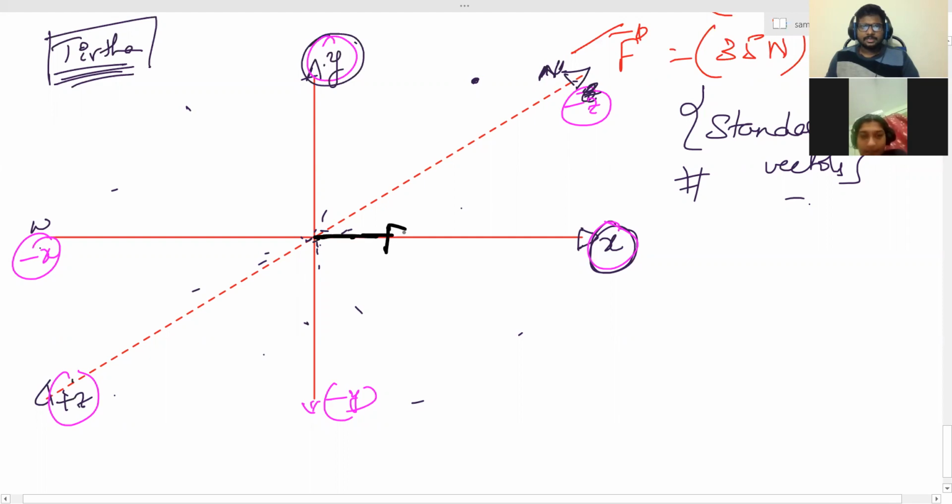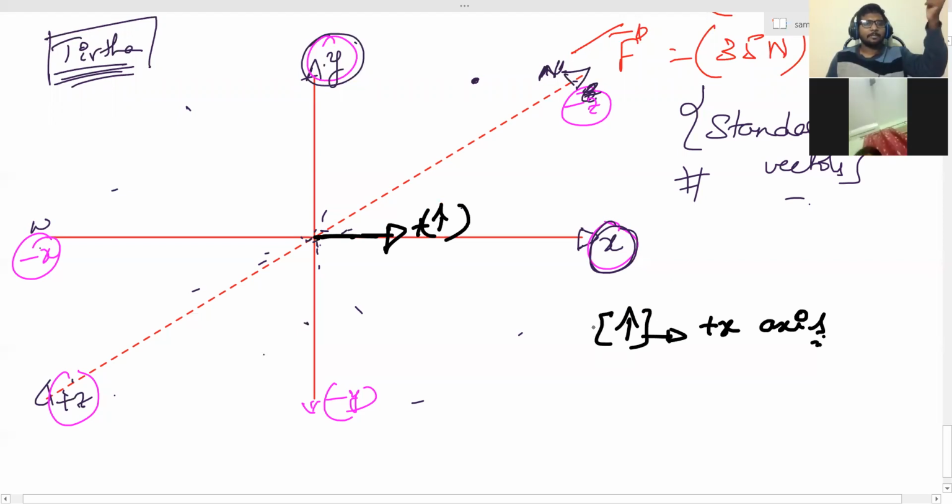In the x direction, it is plus i cap. Positive i cap is in the positive x direction. That means if you want to say anything going in the positive x direction, you can multiply the magnitude with i cap. You will understand that it is going in the positive x direction. Like how we have done f cap for east, for example.